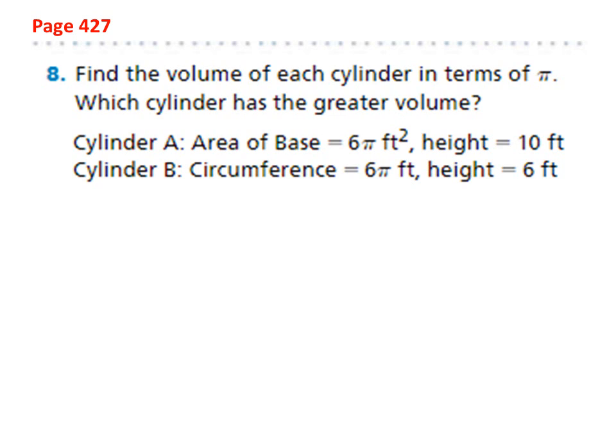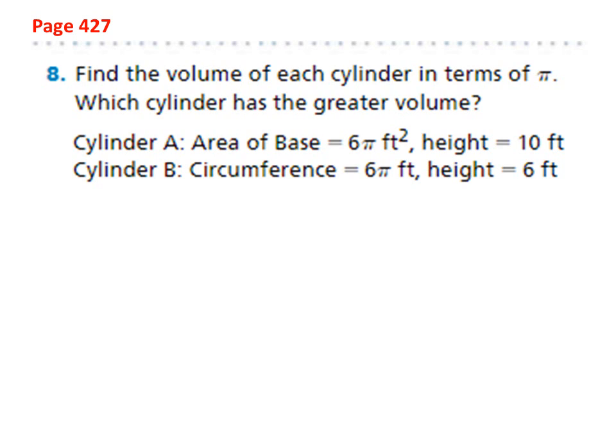Page 427, question 8. Find the volume of each cylinder in terms of pi. Which cylinder has the greater volume? Cylinder A, area of base is 6 pi square feet. Height is 10 feet.